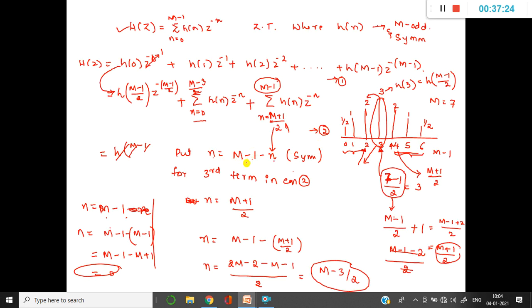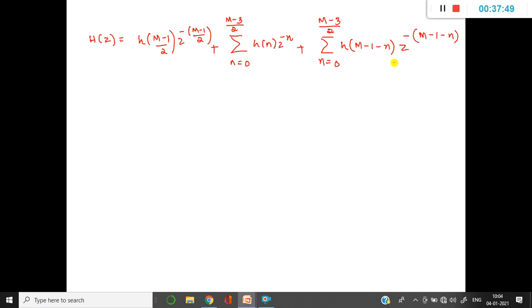That's what we performed in this particular step. So I substitute n equal to m minus 1 minus n for the symmetric condition, and the limits of the third term of equation number 2 are again replaced by 0 to m minus 3 by 2 instead of m plus 1 by 2 to m minus 1.